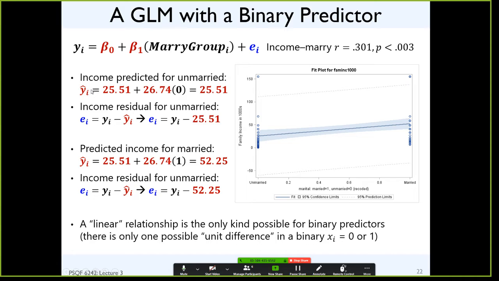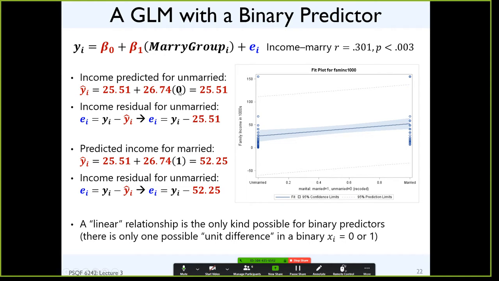Estimated or predicted, it's what the model says your Y should be. So using the example data from example 3, that's where the numbers come from, so I will show you that in just a moment. The intercept was estimated to be 25.51. The slope, beta 1, was estimated to be 26.74.